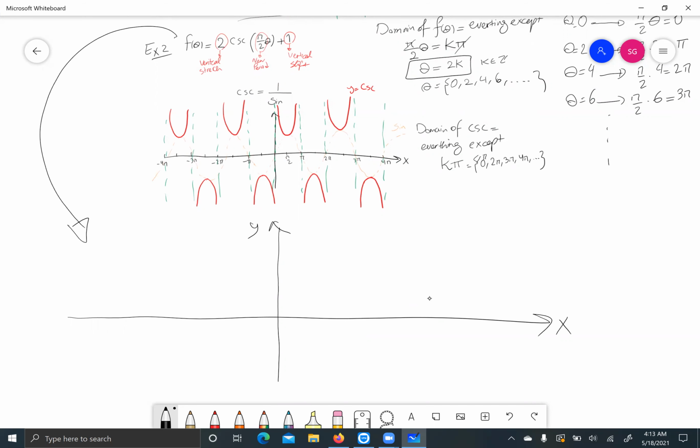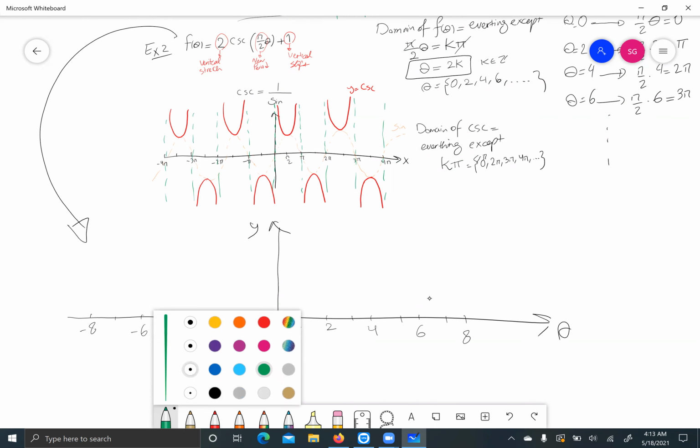It's a cosecant function, and not x, this is going to be theta. We have the vertical asymptote at 0, 2, 4, 6, 8, and also at -2, -4, -6, -8. Here are the vertical asymptotes, okay?